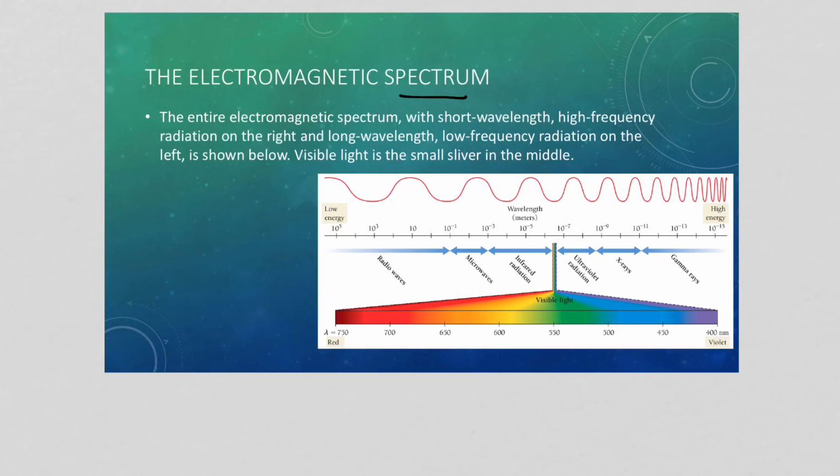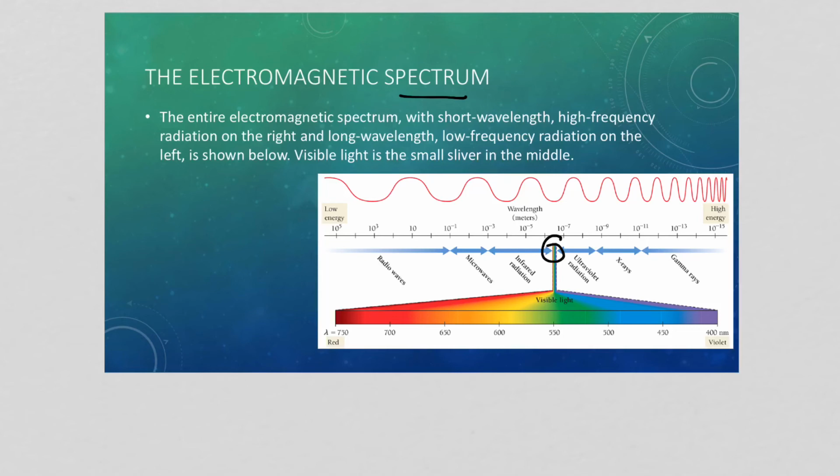Whereas visible light is just a tiny little segment of a much larger spectrum of light. And so we're going to take just a few minutes here to look at some of these different regions of the electromagnetic spectrum and associate them with things that we've maybe heard of at some point.